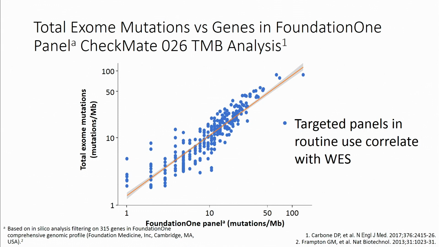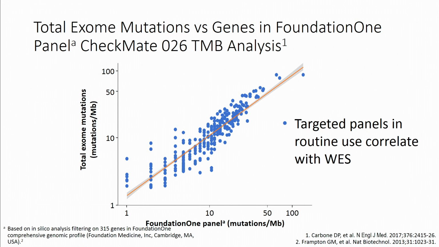When we think about TMB and counting mutations, we've used whole exome sequencing historically, and I think that's been challenging logistically and financially to do on all of our patients.